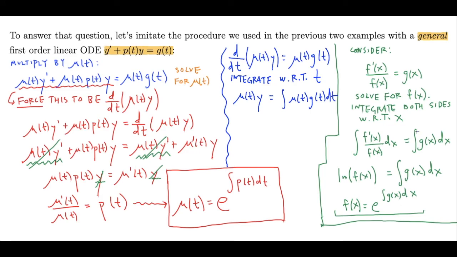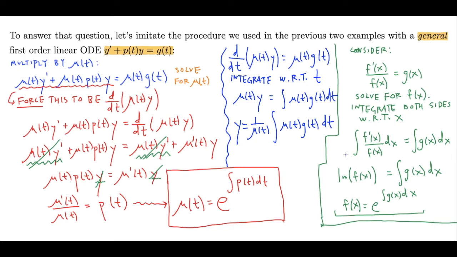The integral will, of course, on the left, cancel out this derivative with respect to t. And on the right, we have introduced that integral. We're solving this in a general way, so we don't know how to evaluate this integral of mu of t times g of t, but we trust that we can do that in a specific problem. Finally, to get my actual solution, y by itself, I just need to divide by mu of t.